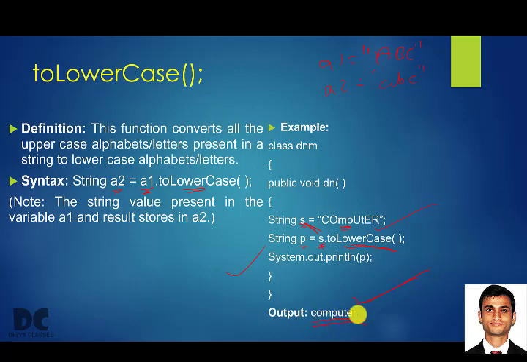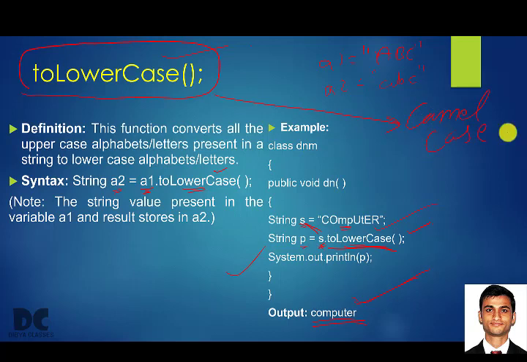And you have to remember the syntax. Okay, this syntax. This is what is written here. The same thing. So here you can see TO is small, lower L is capital and case C is capital. So this way of writing is known as camel case writing.